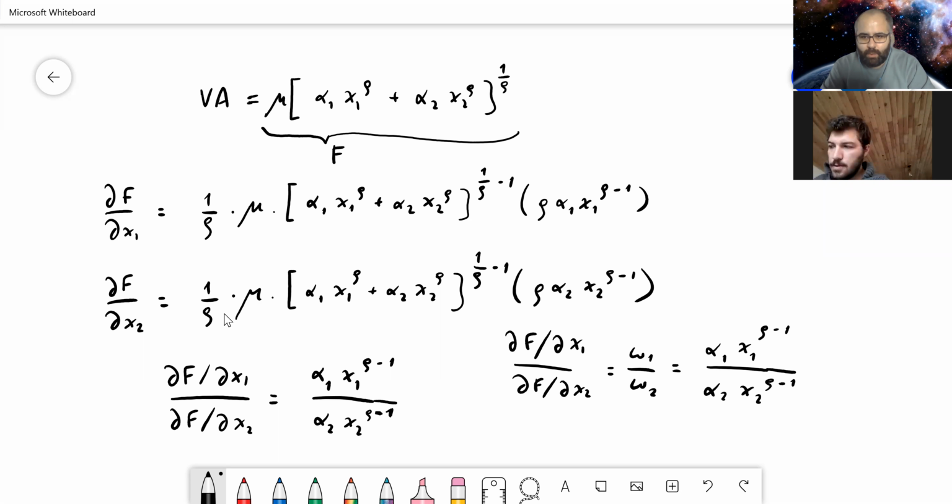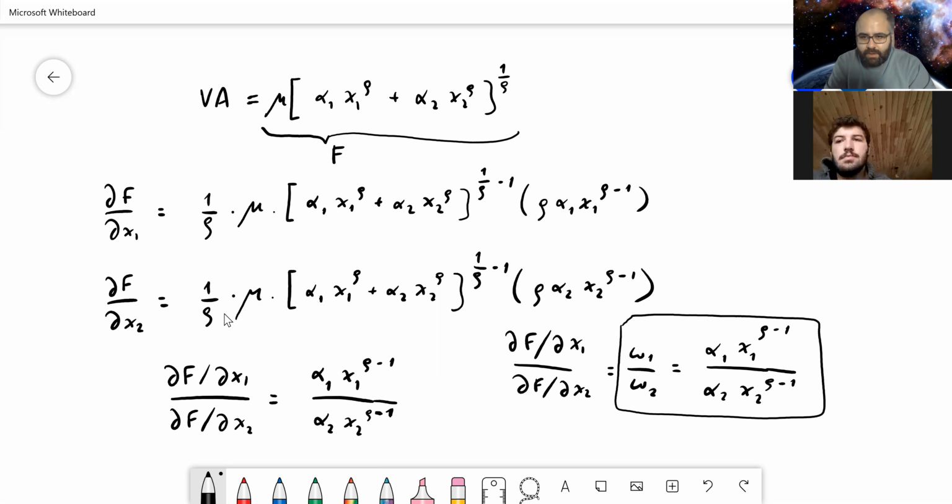And if you equate this to the factor prices, you realize alpha 1 and alpha 2 are related with this. So here there is a trick. I want you to check the textbook for that trick. What you want to do is to use this equation and then try to express it in terms of this ratio: total payment to factor 1 and total payment to factor 2.